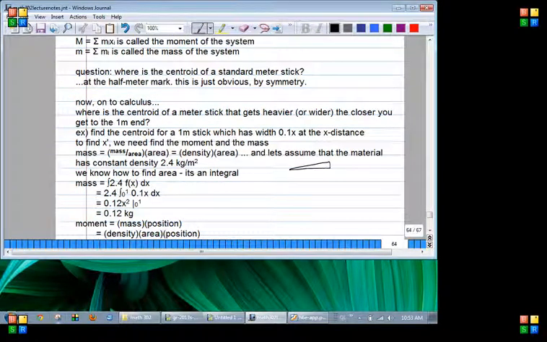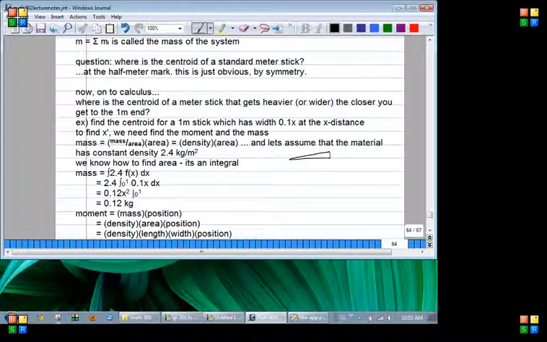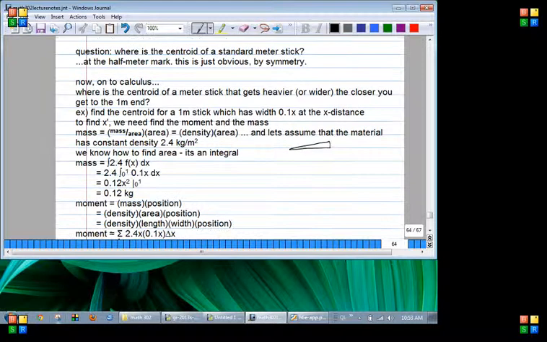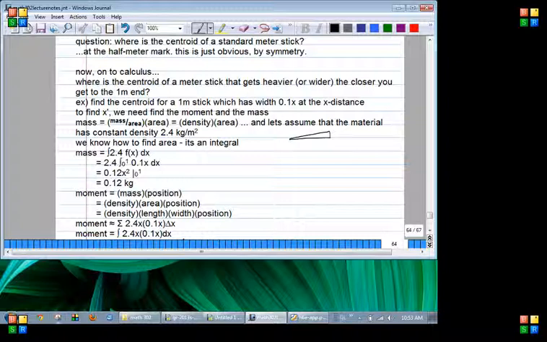So moment is mass times position, but once again, it's the density times the area times the position. So I filled in a couple extra steps here. But basically you wind up integrating the exact same thing, but because moment also includes position, we're also including x. This just shows how to break it down step by step.